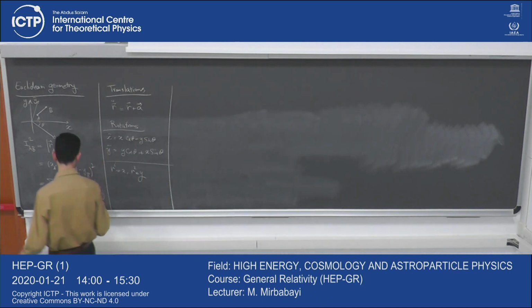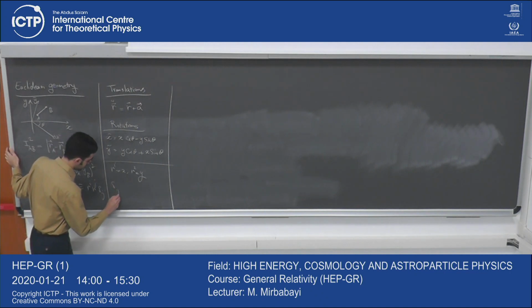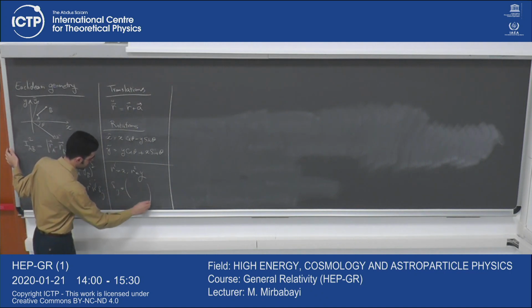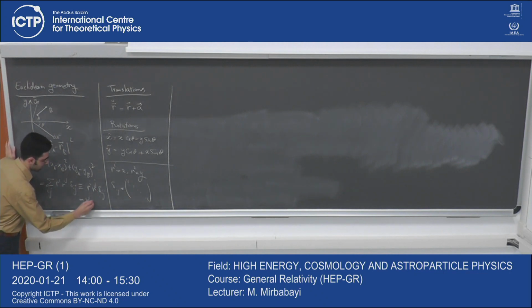Now, this delta_ij is called the Kronecker delta, which is just a matrix which has 1 on the diagonal and 0 everywhere else. In fact, I can just remove this delta_ij and write this expression as R_i R_i.